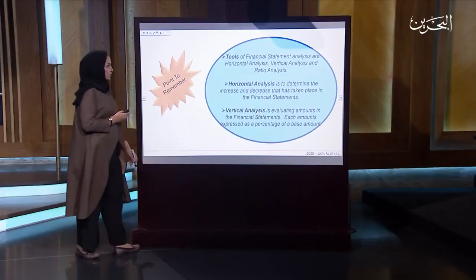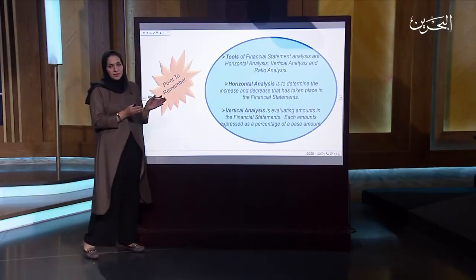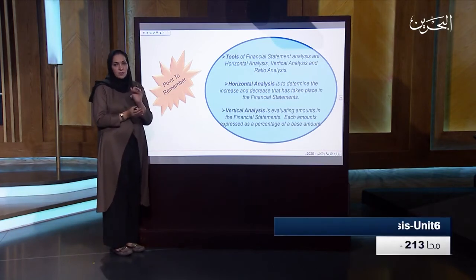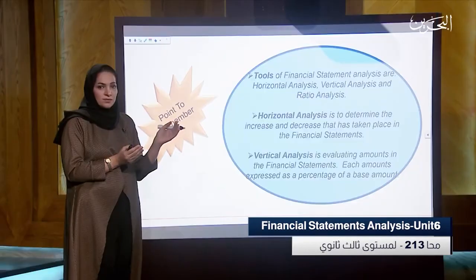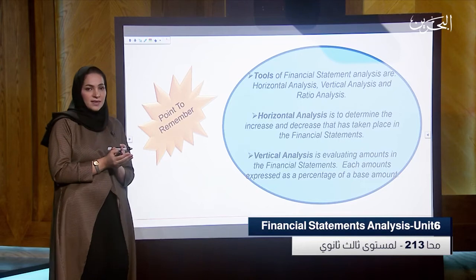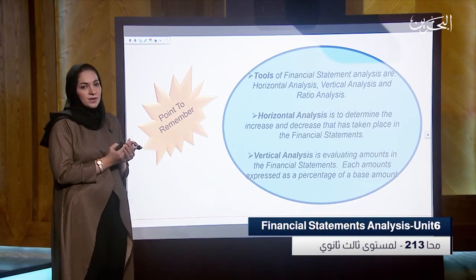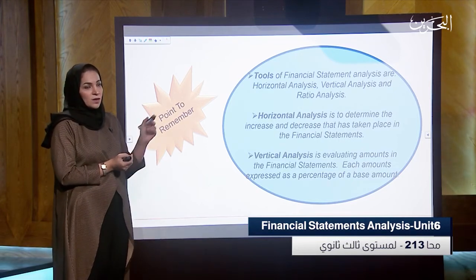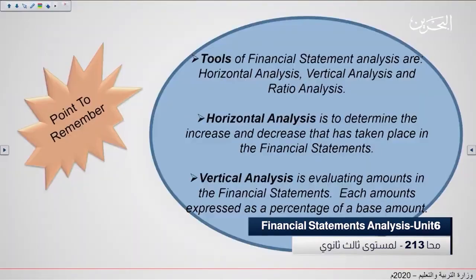Okay, point to remember: the tools of financial statement analysis. We have three tools: horizontal analysis, vertical analysis, and ratio analysis. In the previous lesson, we explained the horizontal analysis. In this lesson, we explained vertical analysis, and the ratio analysis is not required in this book.